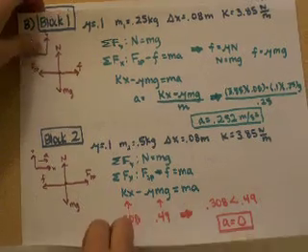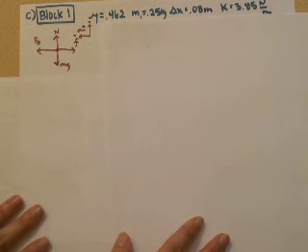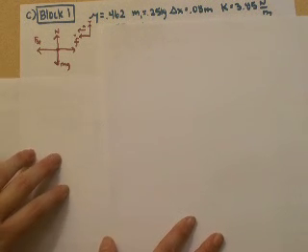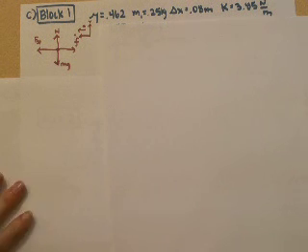Okay, for part C, our mu is changed to 0.462. All of our other constants stay the same. Another free body diagram for block 1. We have the normal force, gravity, force of the spring, and friction acting in the negative direction.